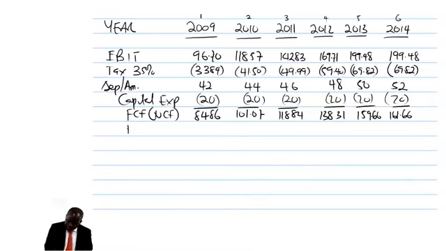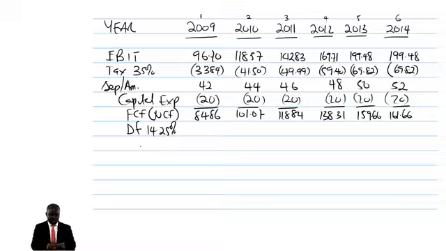Then I have to go back and do my discounting with 14.25% here. In the exam room, you can approximate it to 14% and go. I normally use my calculator, so I'm fine. So I'll say 1 divided by 1.1425, and the first year is 0.875, divided by 1.1425, and that will give me 0.766.